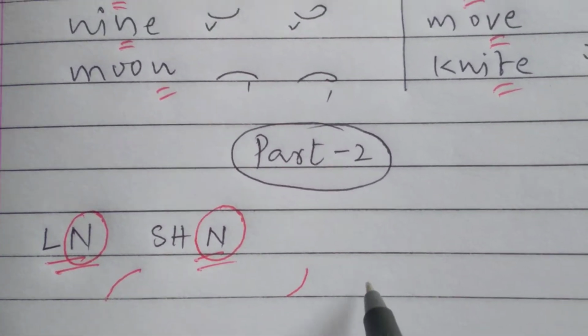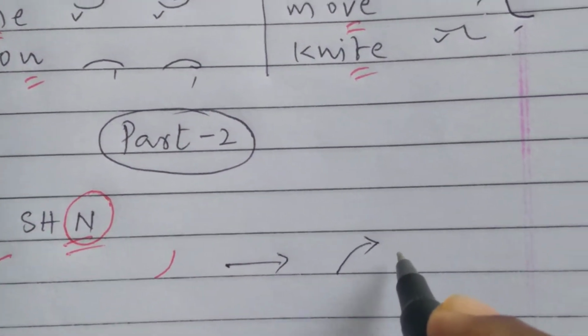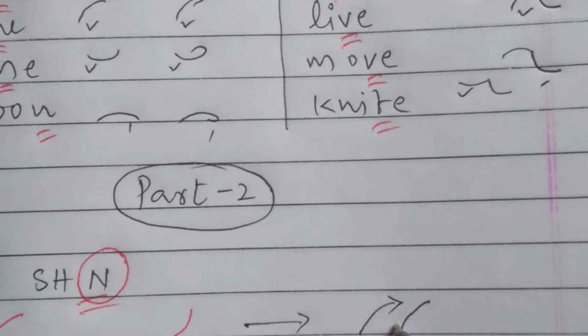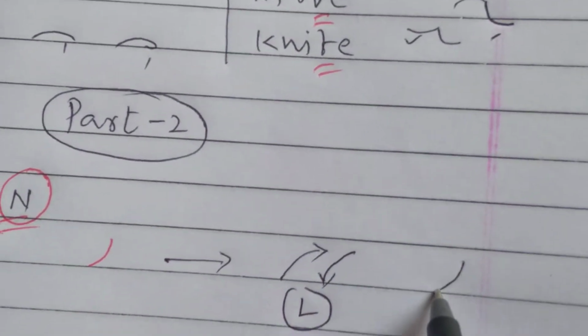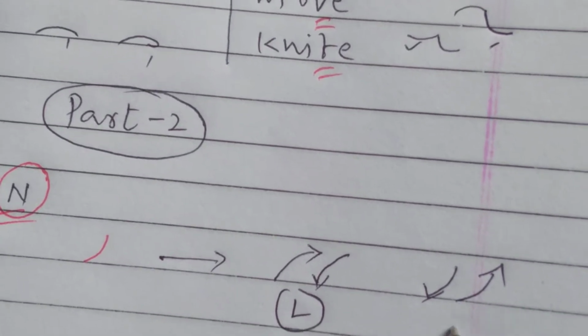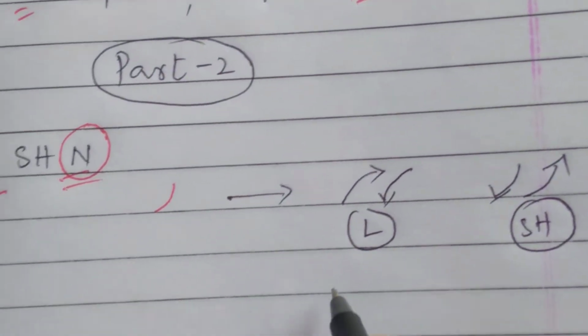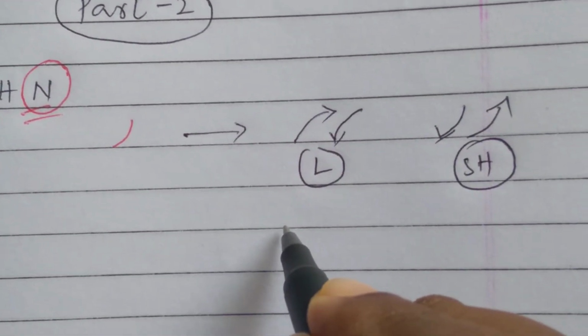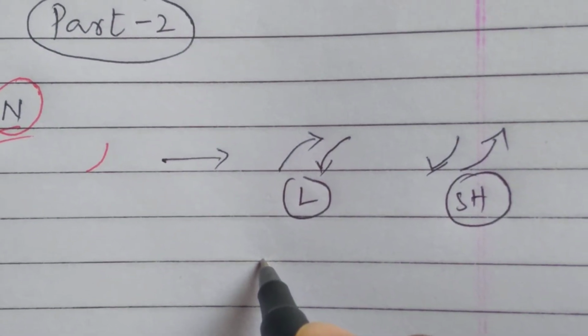Ish is also an alternative stroke. L we can write with upside motion and downside motion, and ish also we can write downside and in some cases upside, for which we are now adding L N and ish N accordingly. If you want to add the N hook, you know very well the direction.